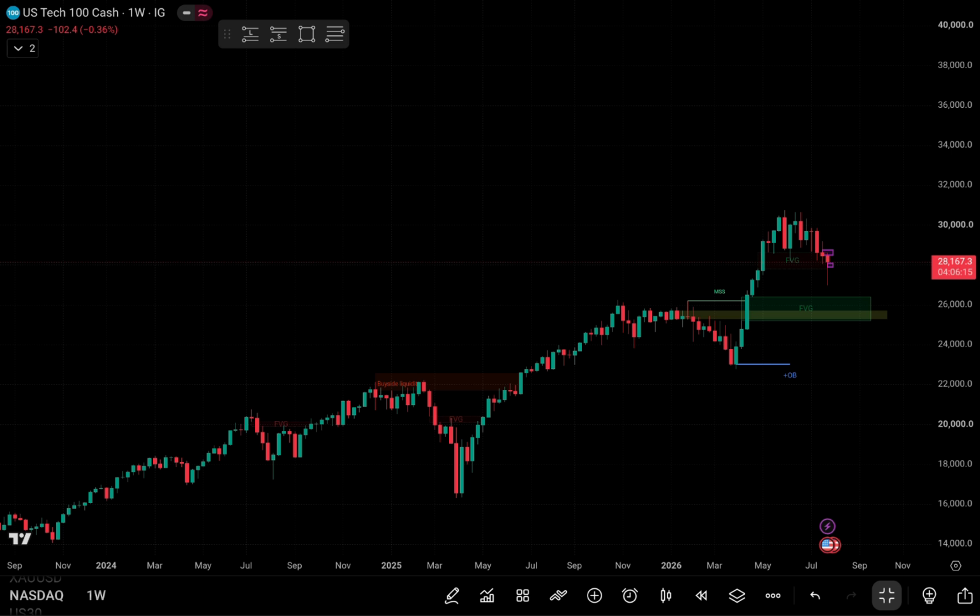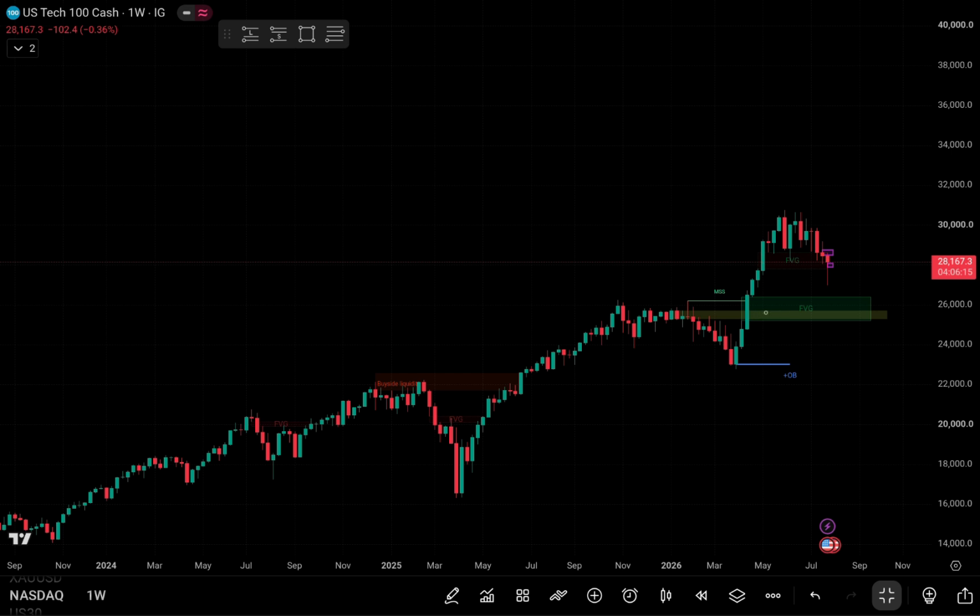But now, what I'm thinking from here is that it's going to actually retest back onto this market structure shift, which is also on this FVG. So most likely I'll be looking for entries on the 50% or the Fibonacci 60%.